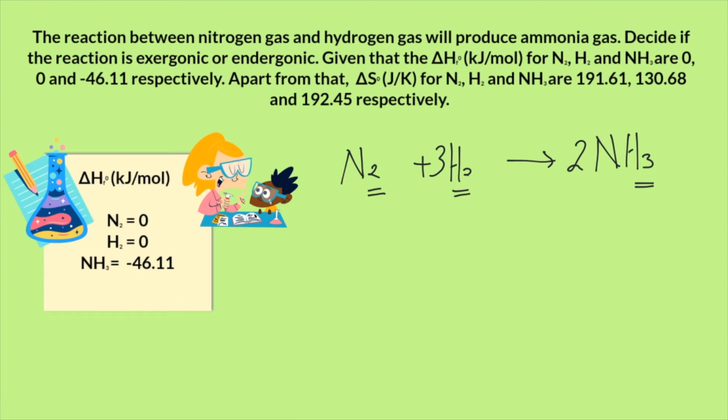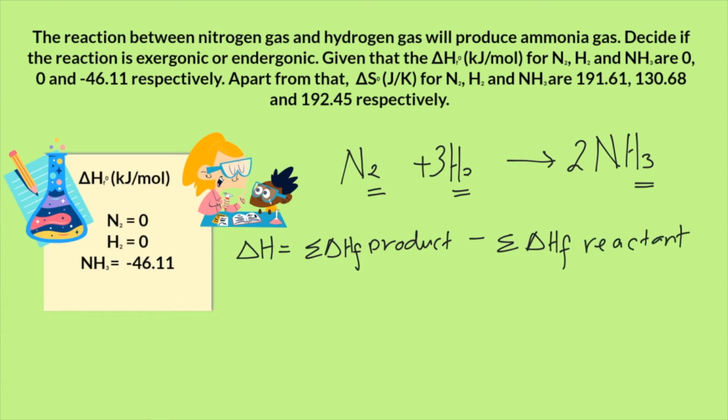So next up, we are going to calculate your delta H. The formula is the summation of delta H of the product minus the summation of delta H of the reactant. Now you can see here, this part is your product and this part is your reactant.